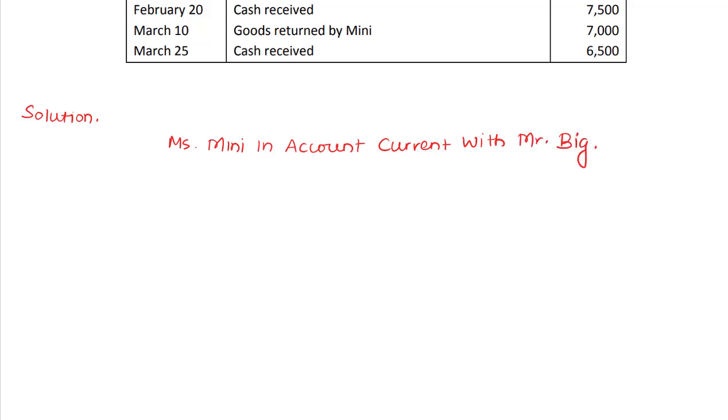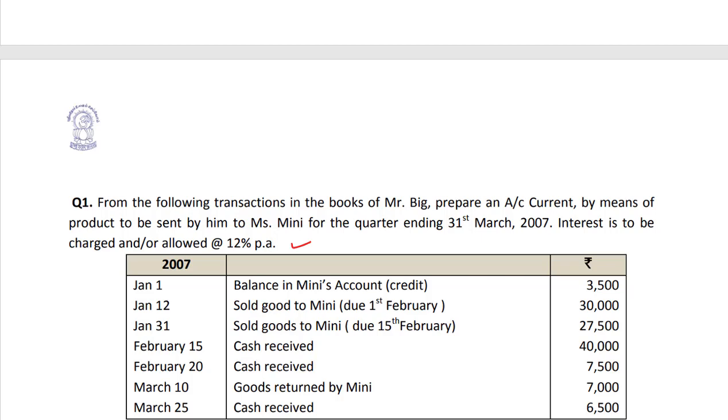Interest calculated up to 31st March 2007 at the rate of 12% per annum.